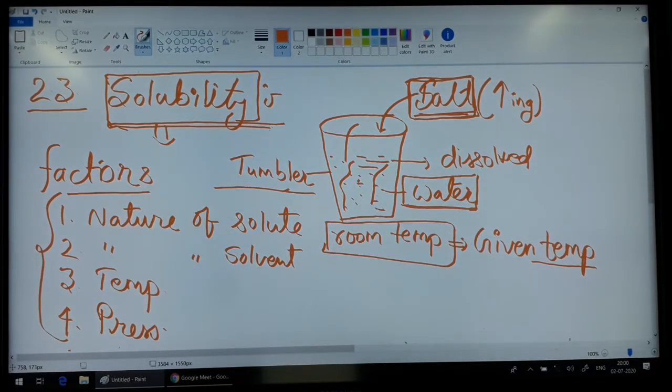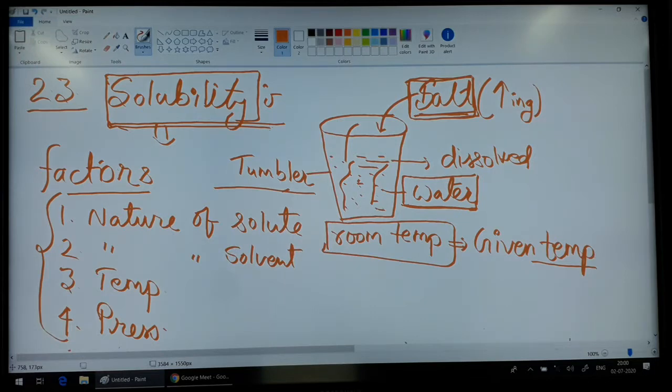After this we will be taking separate examples, one by one, to see how they affect solubility.